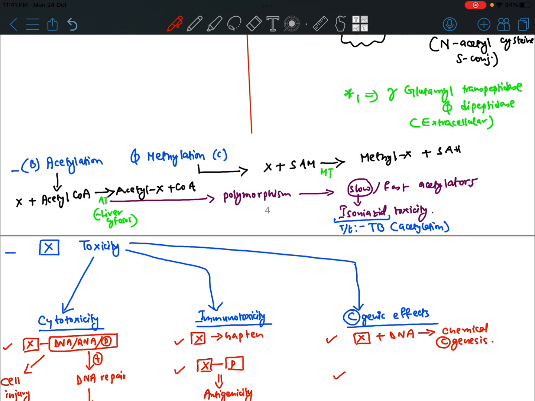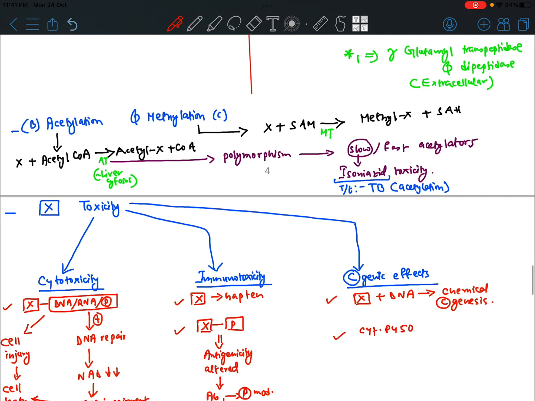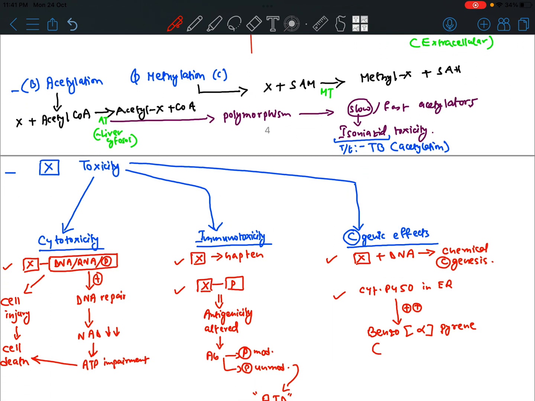Cytochrome P450 in the endoplasmic reticulum activates benzo-alpha-pyrene, which is an indirect carcinogen.